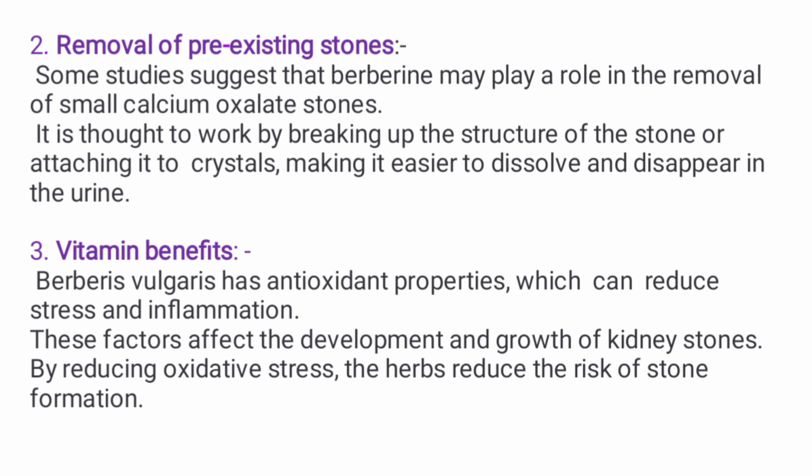Antioxidant benefit. Berberis vulgaris has an antioxidant property, means it reduces oxidative stress as well as inflammation. This factor affects the development and growth of kidney stones, and by reducing oxidative stress, the herb reduces the risk of stone formation.